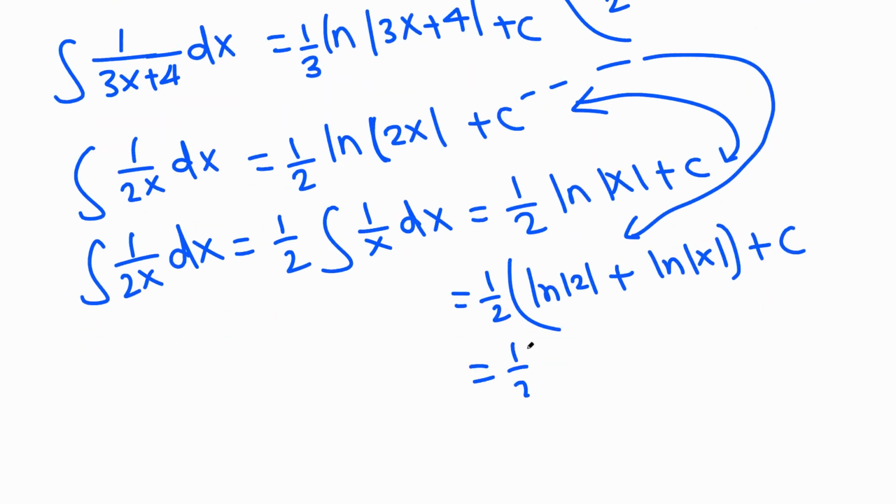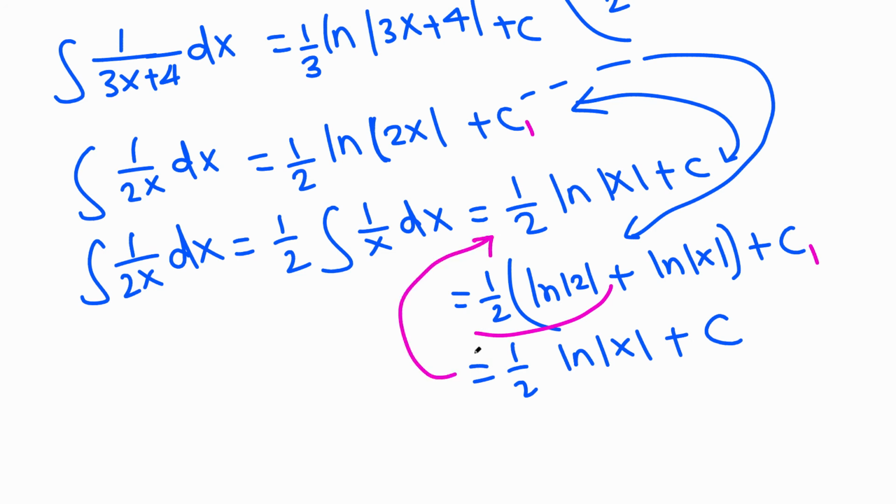So I get 1/2 natural log of x plus c plus a decimal number, a constant. If I say this is c1, then c1 plus this constant, I can simply call c. Then these two are the same answers.